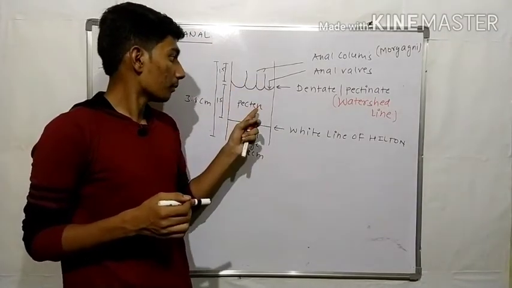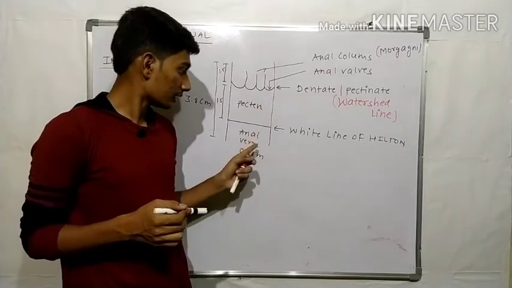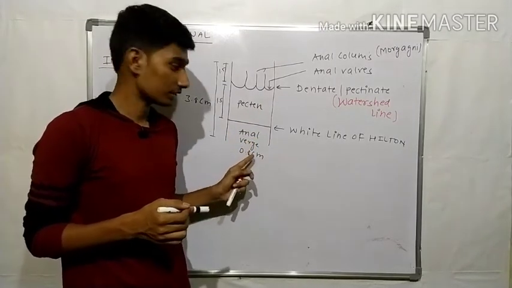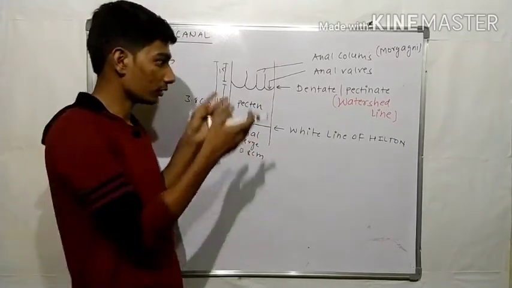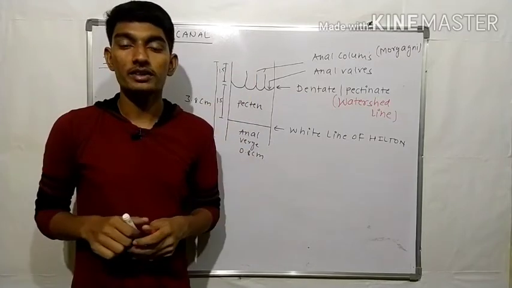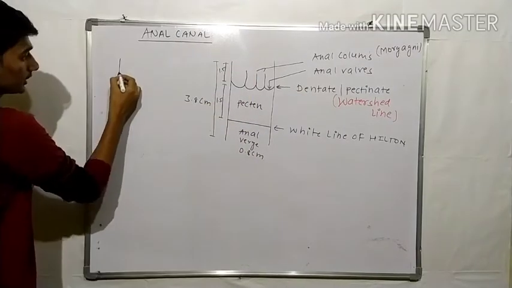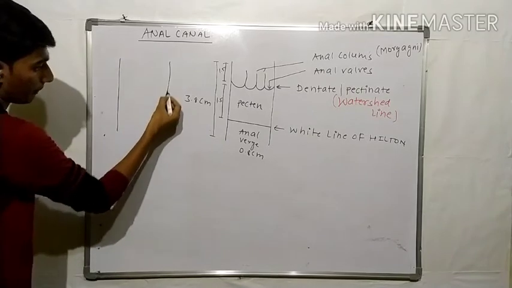Dentate area, pectinate area or pecten, and this one is anal verge, 0.8 centimeter long. Now this total 3.8 centimeter long is anal canal.